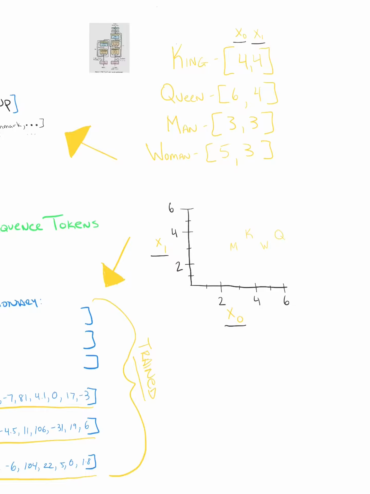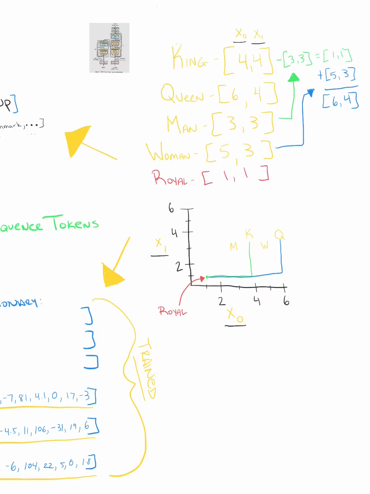If these values were trained to maintain the relational integrity between these tokens, then you can see how by subtracting man from king and adding woman, you actually end up close to where queen would be. Now, we can infer that this token represented at 1-1 has something to do with royalty or being royal, just based off of its relationship between man and king and woman and queen, respectively. Feel free to pause this video to digest how these tokens have relational context.